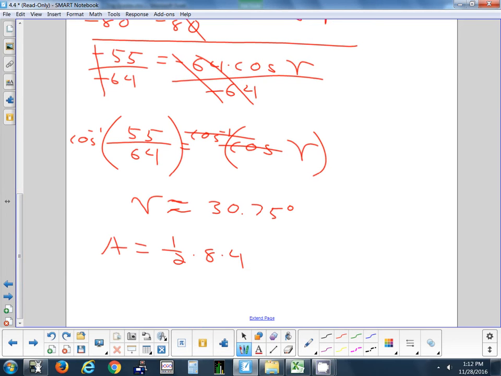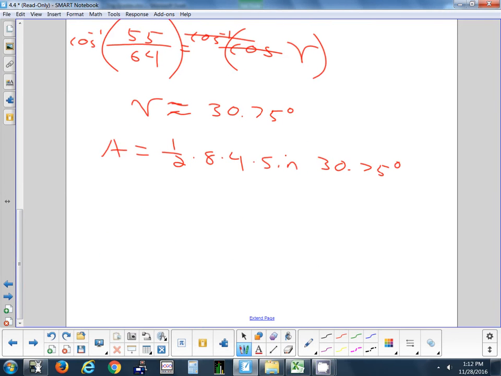So that's half the two sides times the sine of the angle. Okay, 8 times 4 is how much? 32. And then half of 32? 16.